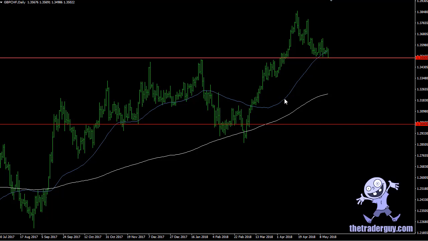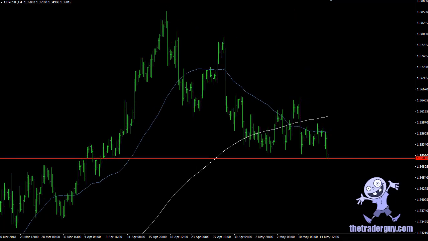I'll go ahead and zoom to the 4-hour chart, and you can see that we are most certainly testing 1.35. Now, the question is, where do we go from here? Typically, at these large areas like this, I will step back a little bit and go looking for an area that makes a bit of sense.